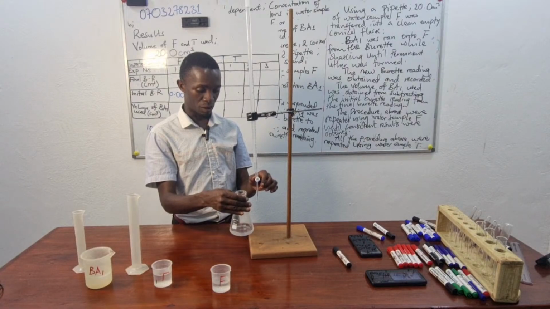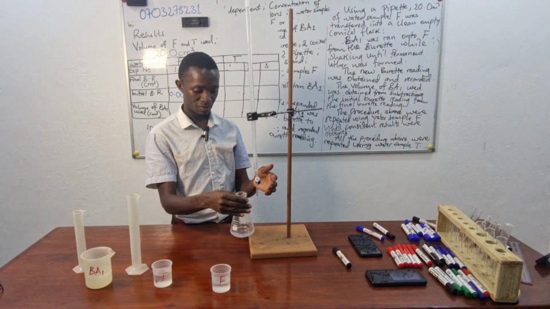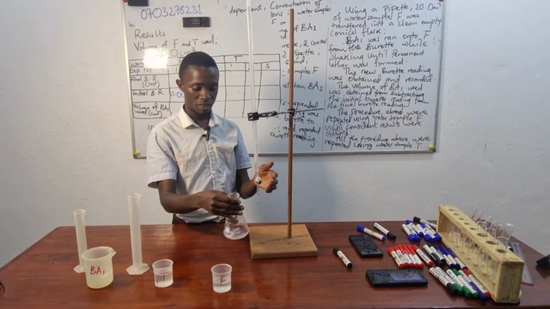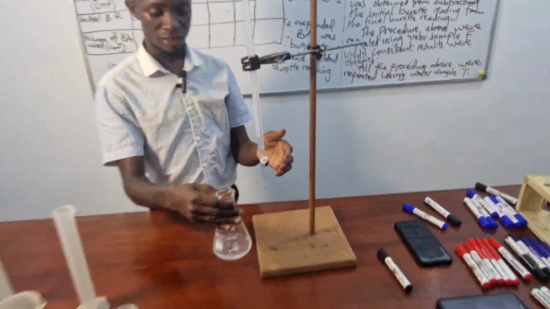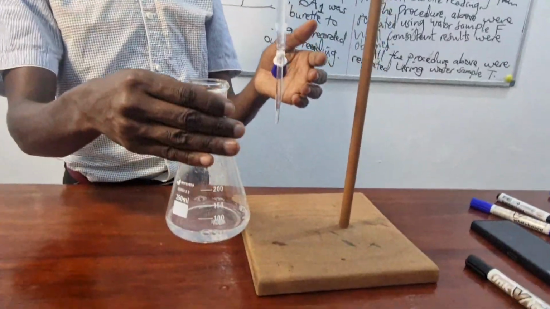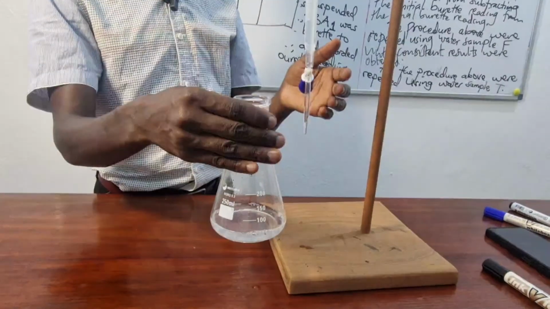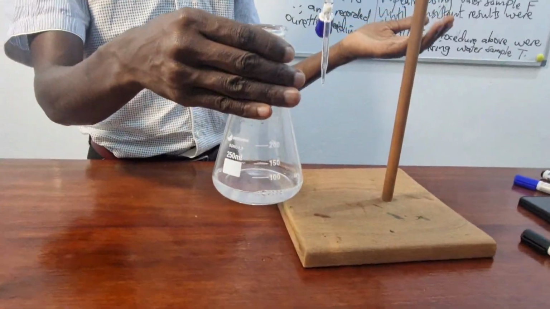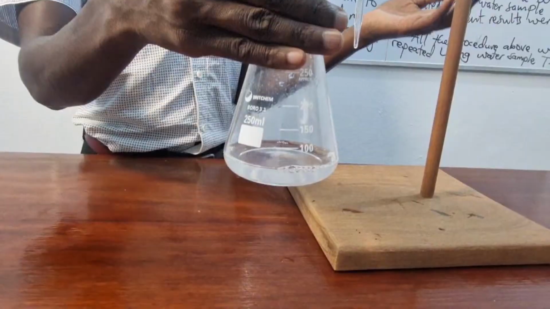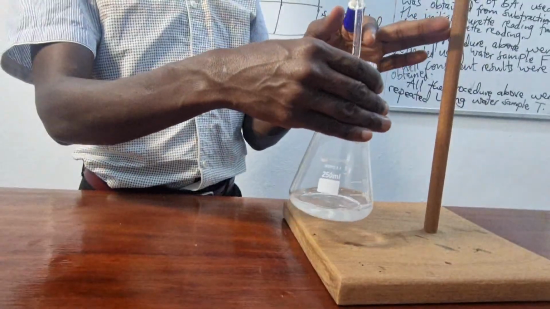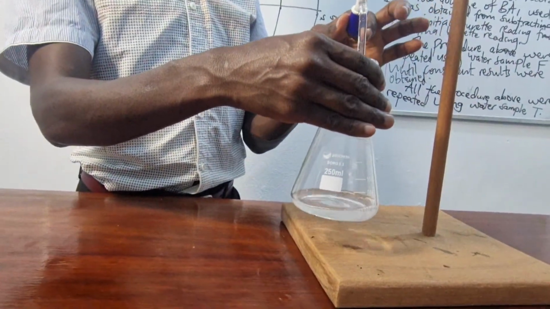I think this is not permanent because it is disappearing shortly. It isn't permanent, it disappears. The lather is disappearing. So we shall add until the lather we form does not disappear.